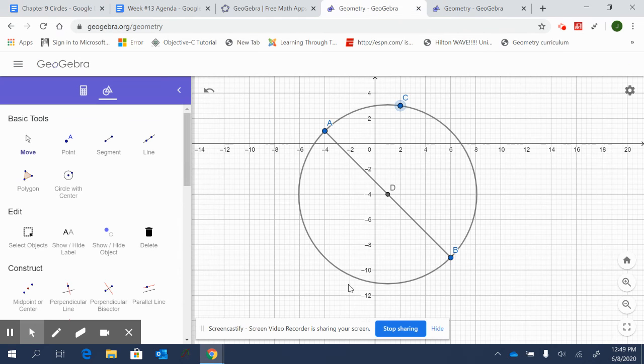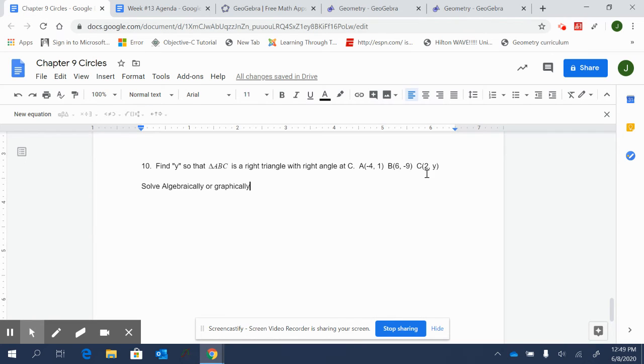Now, it's a little tricky. It'd be easy to choose this point right here, that's one location that would make a right triangle. Well, why then am I up here? Why not just go straight to this location right there? Well, that's because in the problem, they told us that the x value was 2.